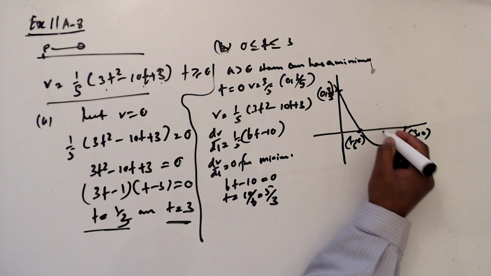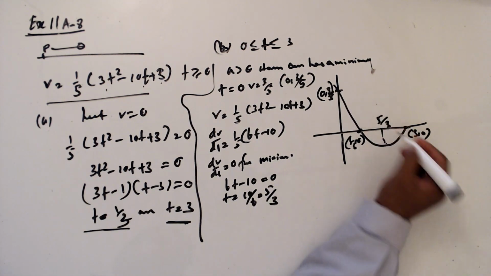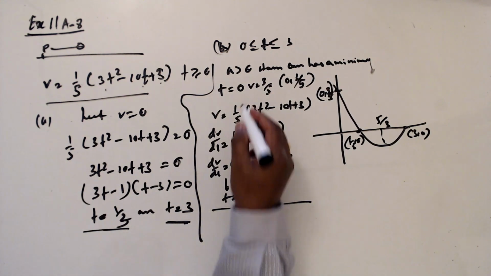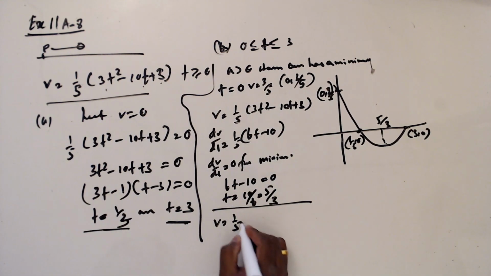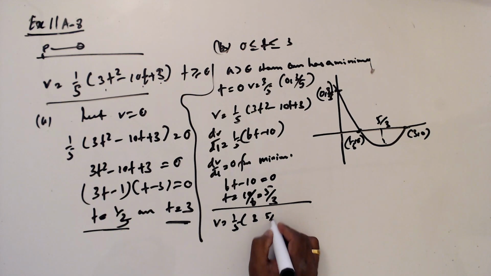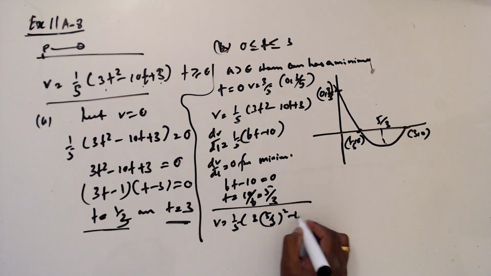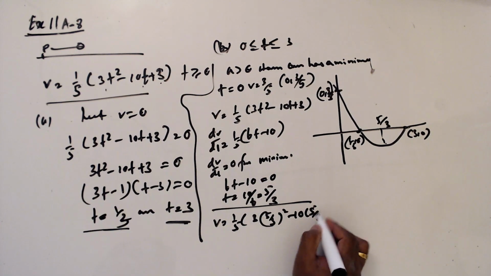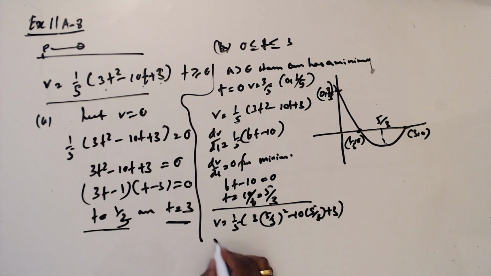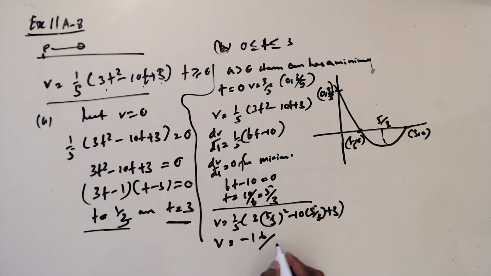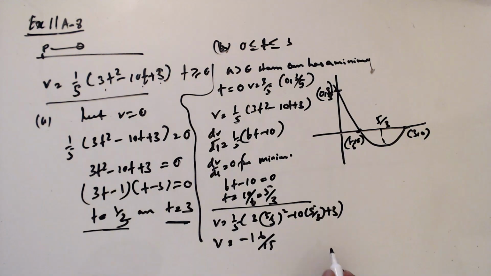So there is a turning point at 5 by 3. We'll find the speed first of all. V equals 1 over 5 times 3 times 5 by 3 squared minus 10 times 5 by 3 plus 3. So I get minus 16 over 15.